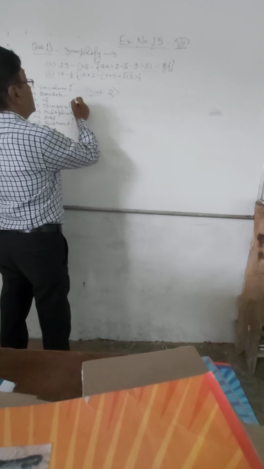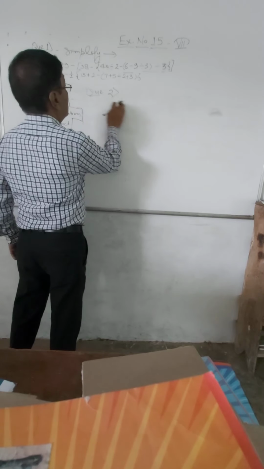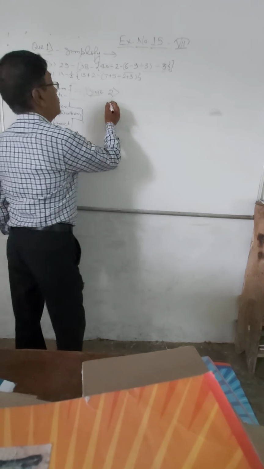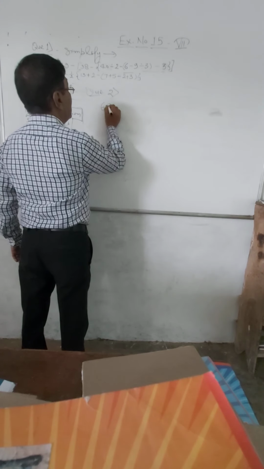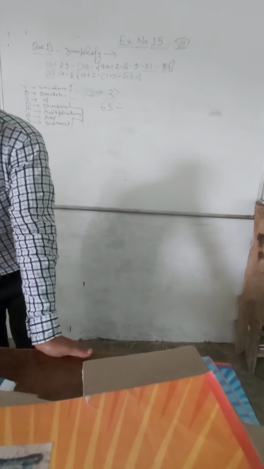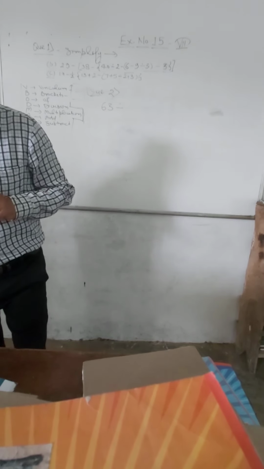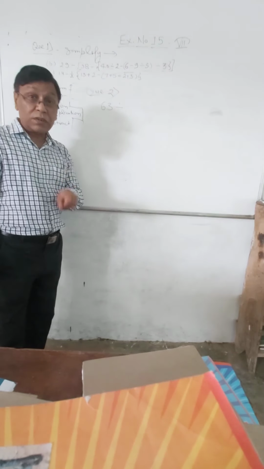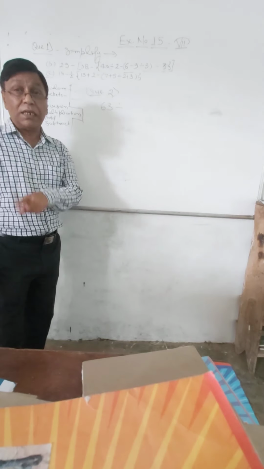From this word problem, 63 is divided by, so what will you write? 63 is divided by what? Divided by 1 more than the sum of 3 and 5.